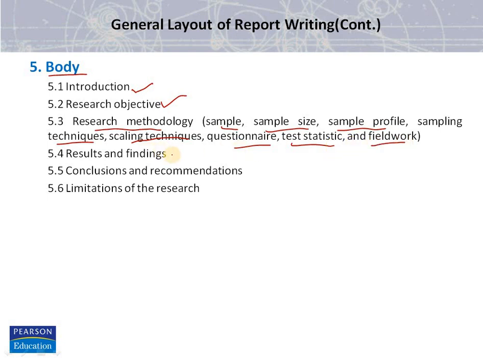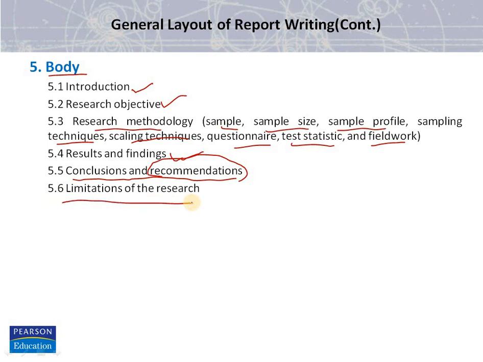Then there will be results and findings. Results and findings may include data analysis. Then there will be results, and on the basis of the results, there will be findings. Conclusions and recommendations are the interrelation between the previous researchers' studies, that is the literature review, and the findings of the given report.